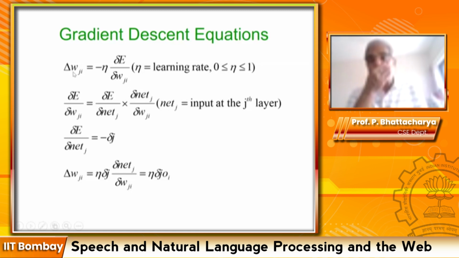This is identical to what we wrote for lambda j. So delta W_ji means W_ji at the (n+1)th iteration minus W_ji at the nth iteration is nothing but eta into delta E delta W_ji, that is the gradient of E with respect to W_ji.